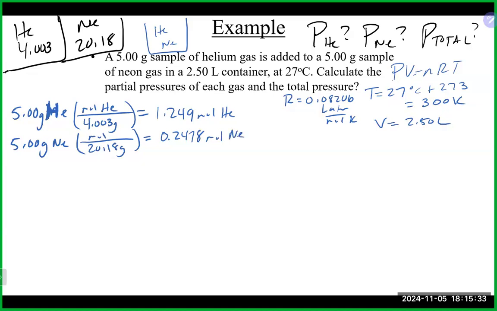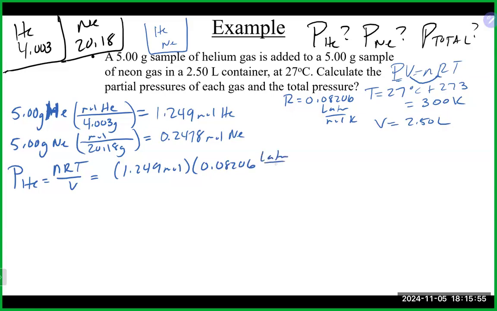Again, we're just going to solve for P for each of them, which means we divide volume to the other side. So the pressure for helium will be nRT divided by V. Put in our moles for helium, 1.249 moles, our R, 0.08206, and our temperature of 300 Kelvin, all divided by our volume of 2.5 liters.